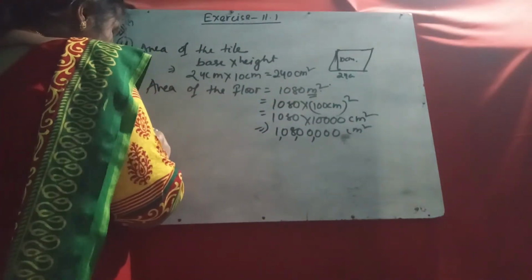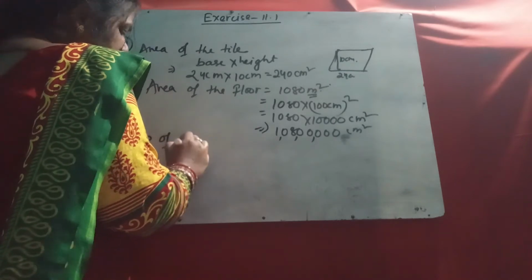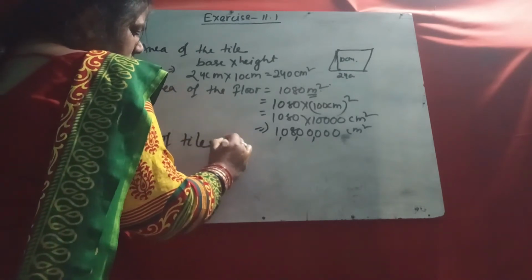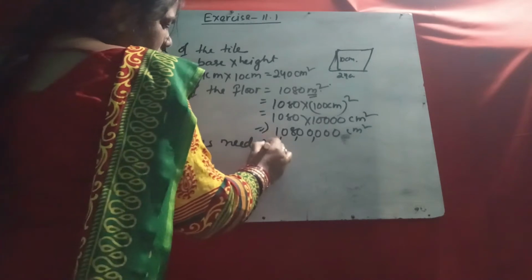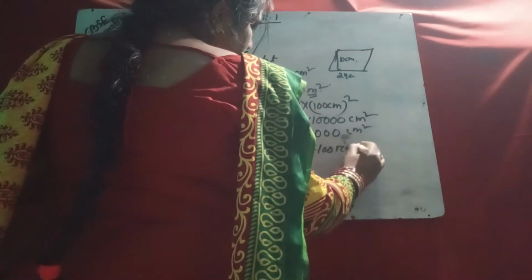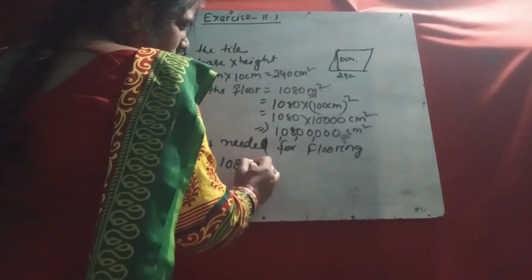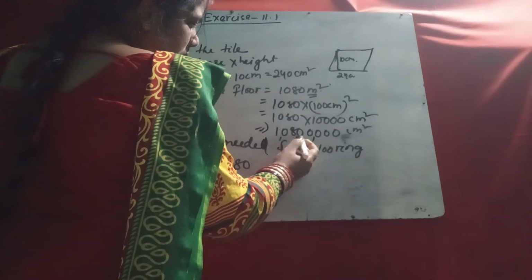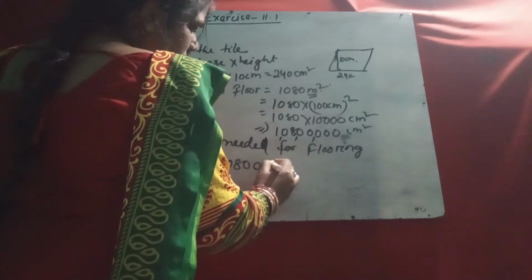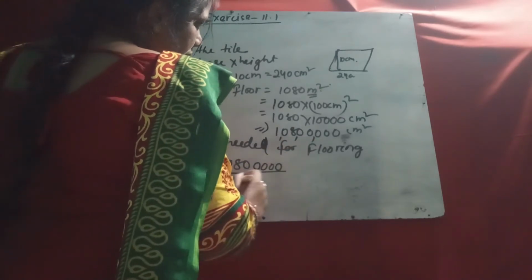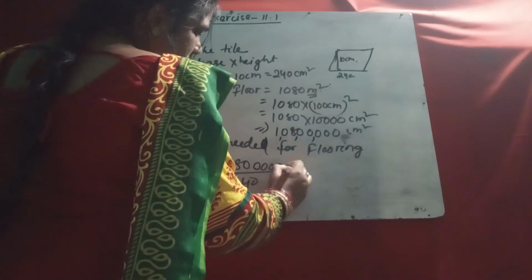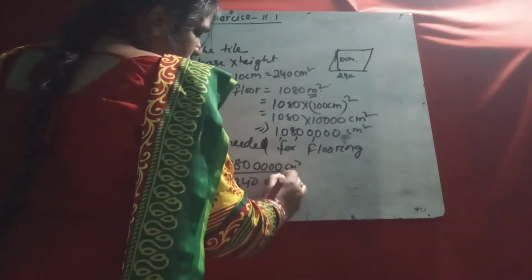Therefore the number of tiles needed for flooring equals 1080 with 5 zeros by 240, here in cm square.